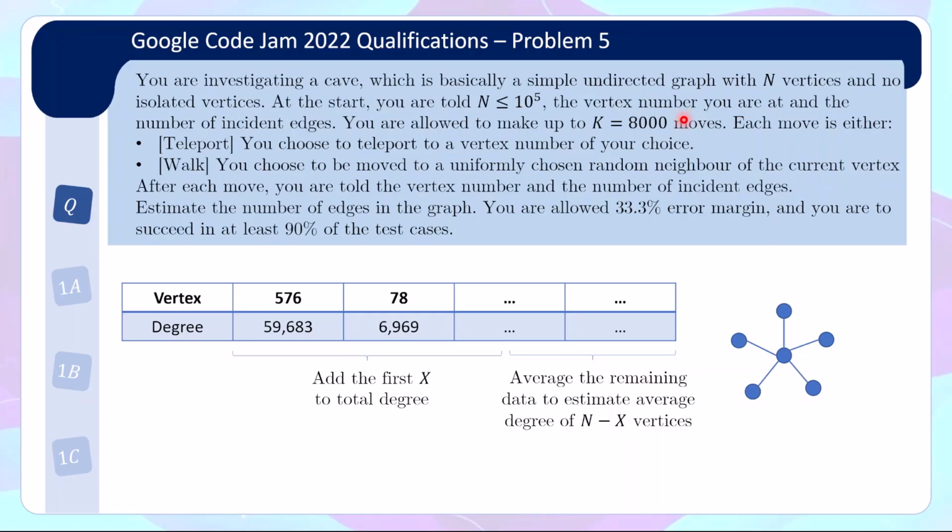So you say the first 200 are outliers. You add those degrees directly to the total degree, but then you estimate the remaining n minus 200 vertices by taking the average of the remaining data that are not called outliers, multiplying by n minus 200, and adding that to the total degree, then taking total degree over 2.